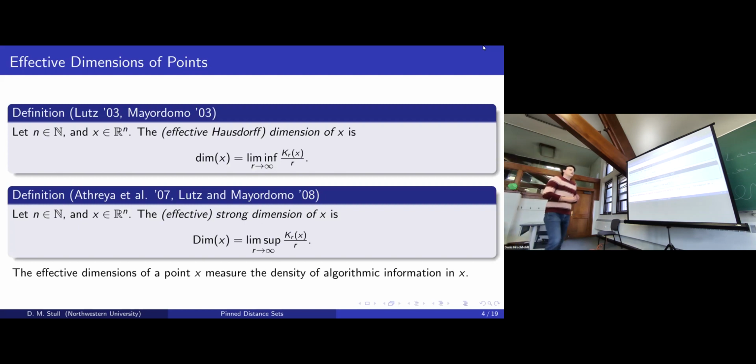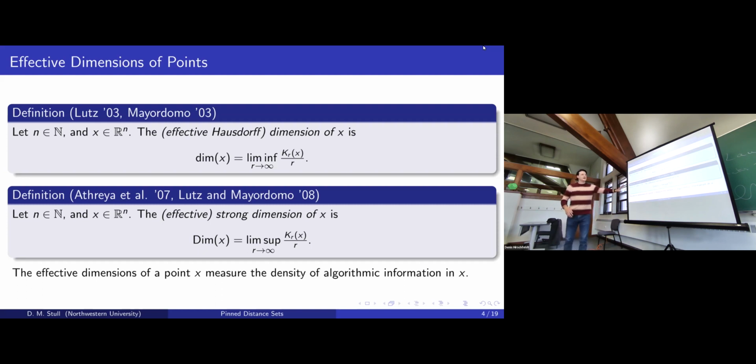Okay. So once we have the notion of Kolmogorov complexity, we want to give some notion of randomness of Euclidean points. We can't really take the limits because they're not going to exist, but we can take the limit inferior and limit superior. And if you do this, you get notions of the effective Hausdorff dimension of a point, and then its dual, the effective strong dimension of the point.